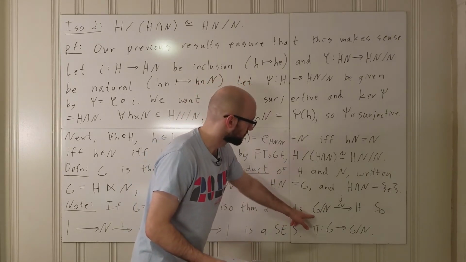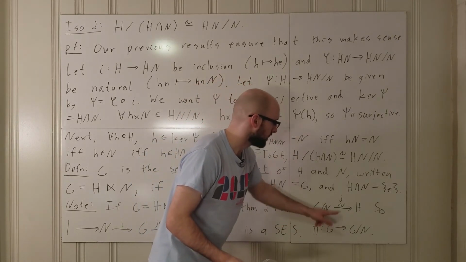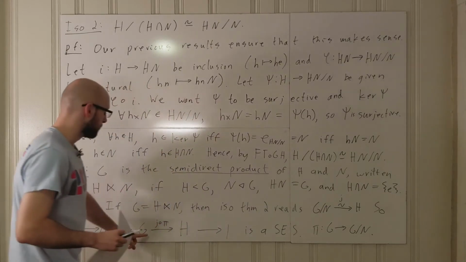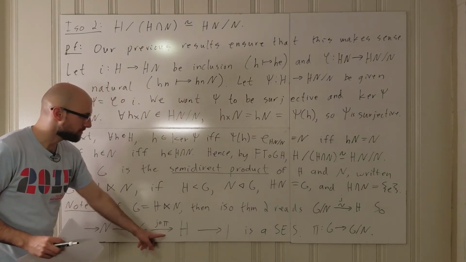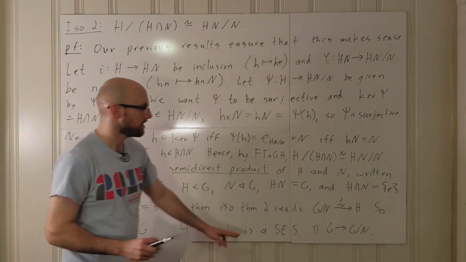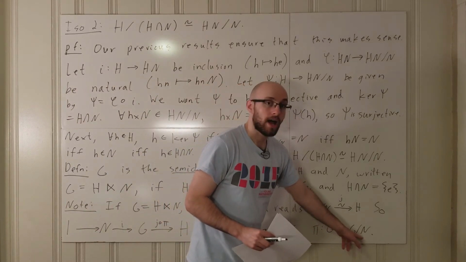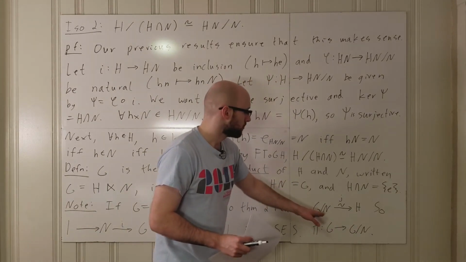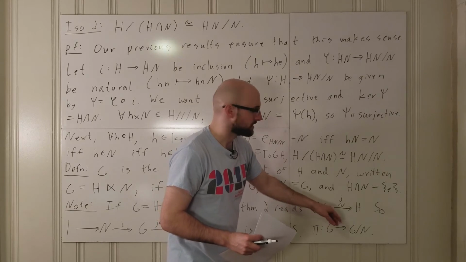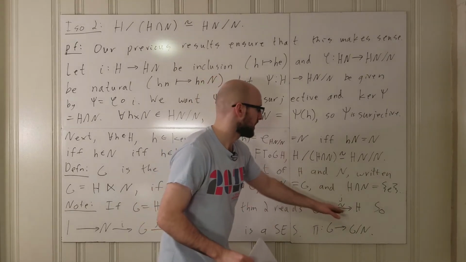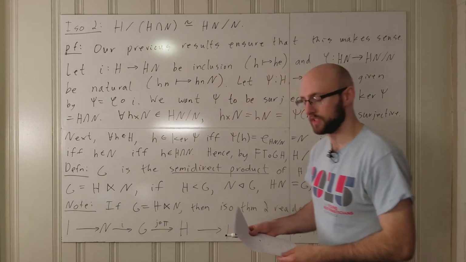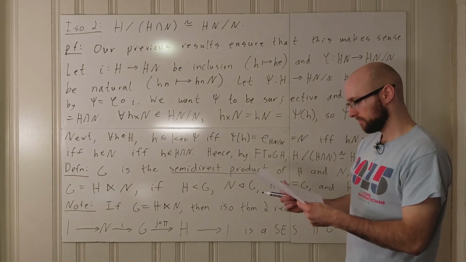And so we'll just say that it's going this way, and this is j. And so what this map does is we take an element of G, we mod out by N, and then we see what that looks like as an element of H under this isomorphism. Okay?